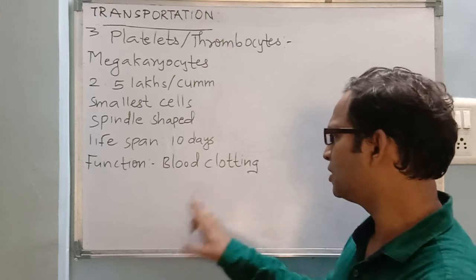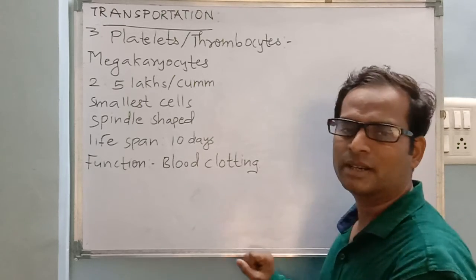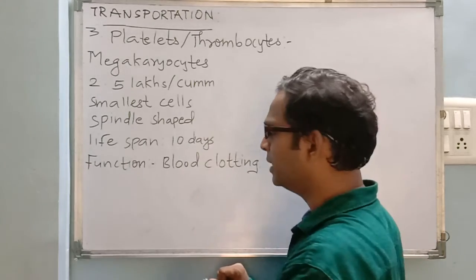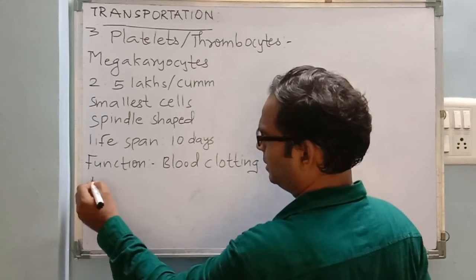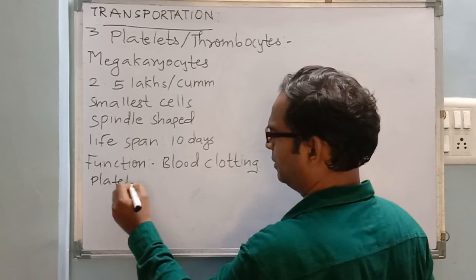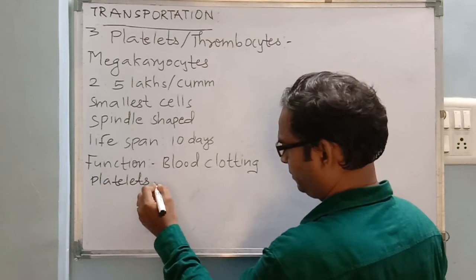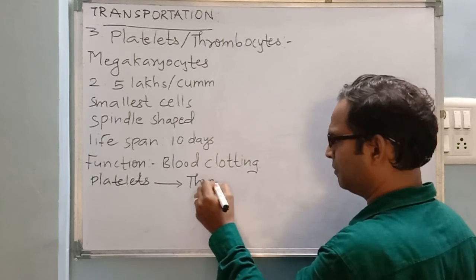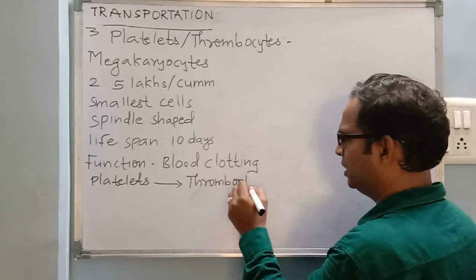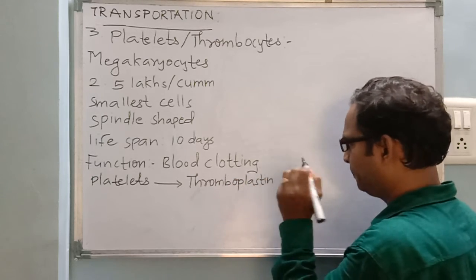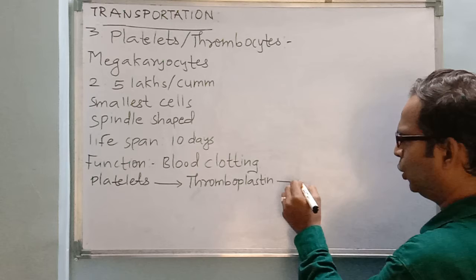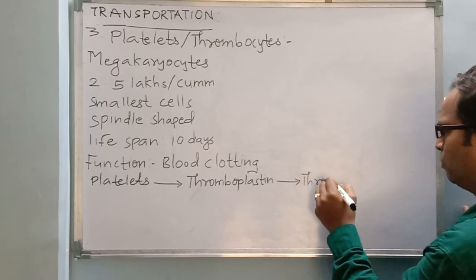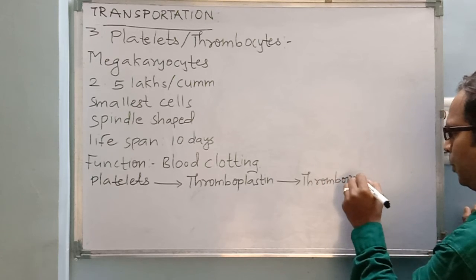So there is actually a chemistry of clotting of this blood, which is a little extra of what I am telling you people. Whenever we get any injury, these platelets get damaged. When they get damaged, they release one chemical substance called thromboplastin. Now this thromboplastin is inactive and is converted into thrombopoietin.